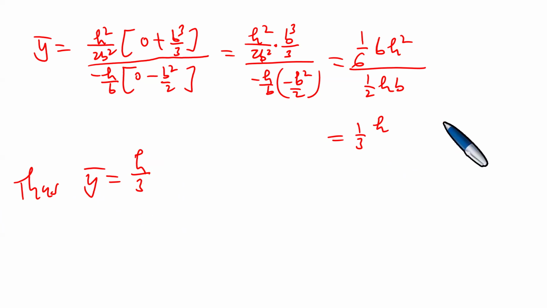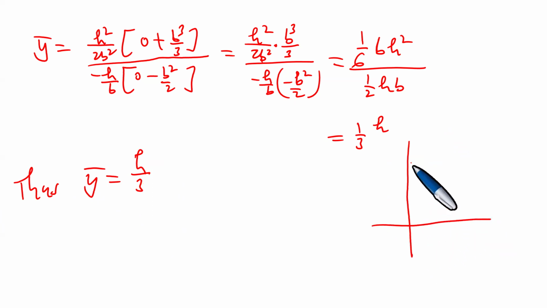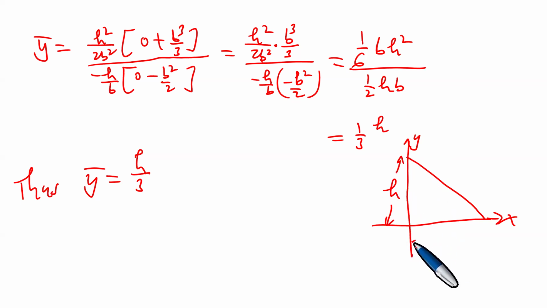So what is the implication of these things here? If we are having a right-angled triangle, and this is x and that is y, this would be h, and that would be b.